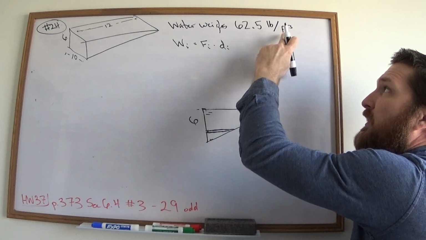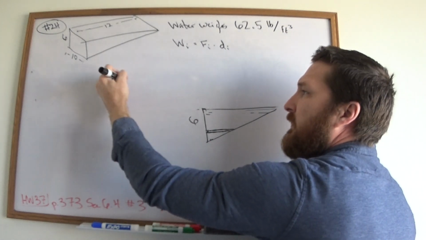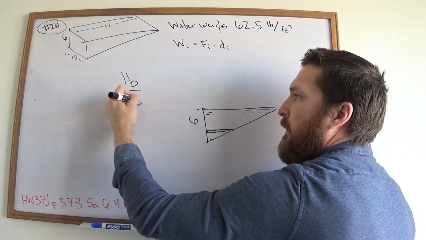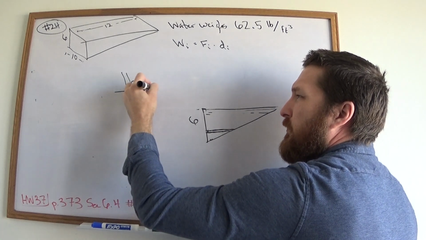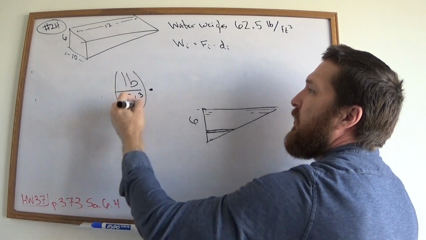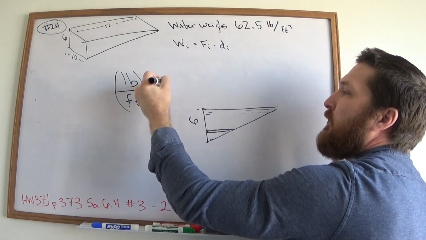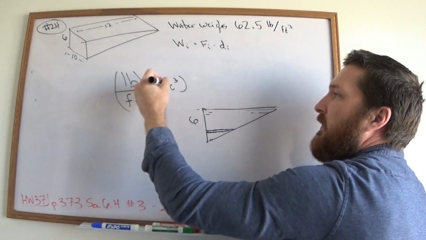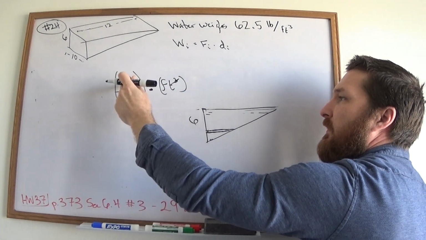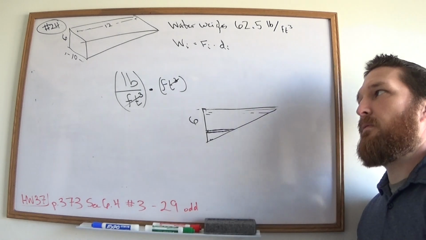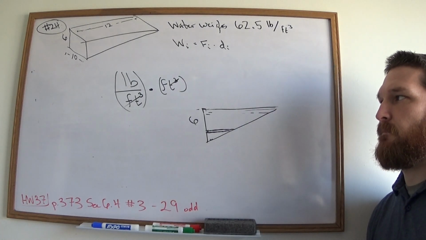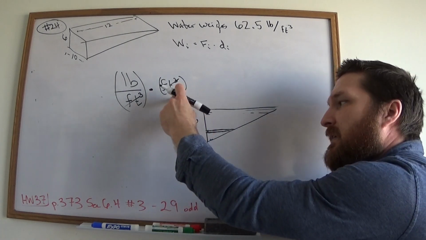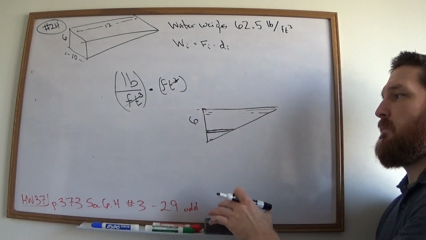So just like with linear density, if we know the volume in feet cubed, and we multiply the density by that volume, then we'll have the force, because pounds is force, okay? So that's the thing that we need to find. We need to find the volume of this slice right there.